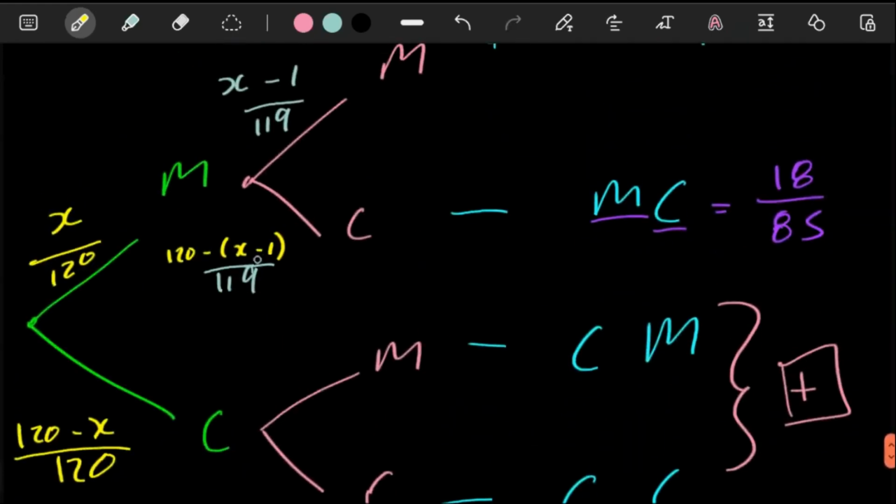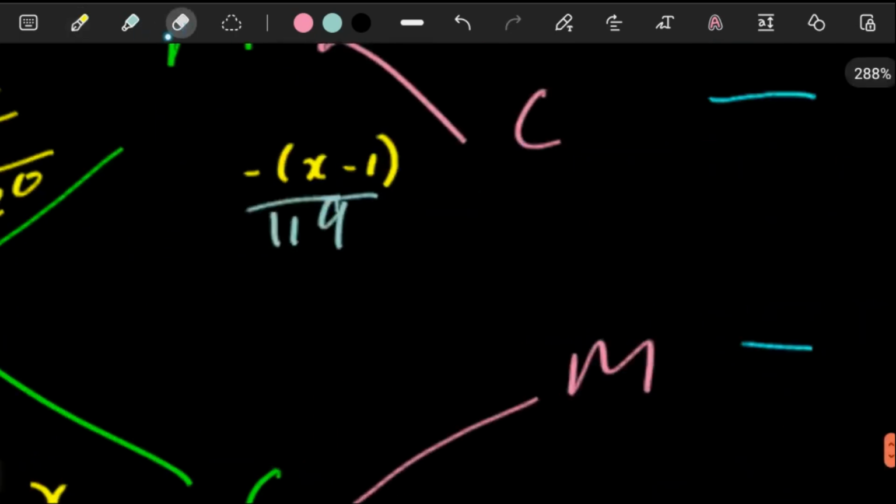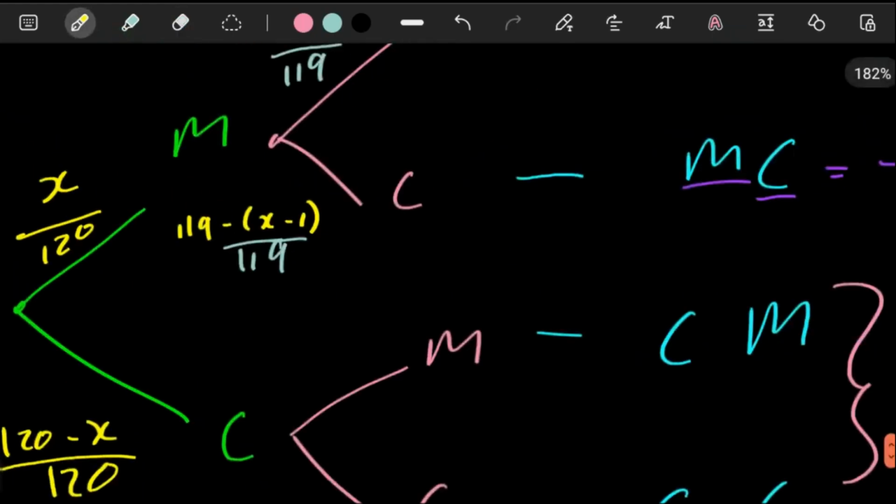But the total number of sandwiches we currently have is 119. Yeah, so this has to be 119. Reason being, one sandwich is gone, so we have a total of 119 sandwiches, but the one that's gone is a meat sandwich.